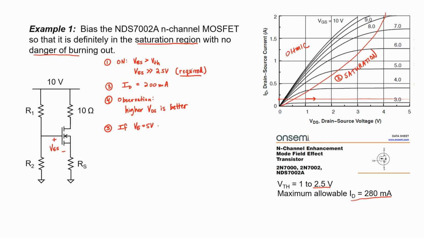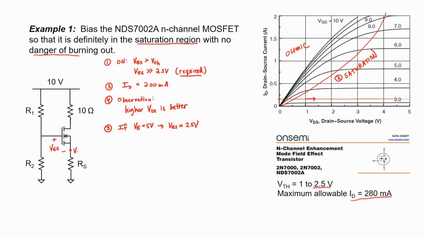With a gate voltage at 5, we can assume that the transistor is on, and I'm going to write the threshold voltage. If the gate source voltage is higher than the threshold voltage, then a lot of drain current will flow, and then the source voltage will get higher until it's very nearly equal to the threshold voltage again.